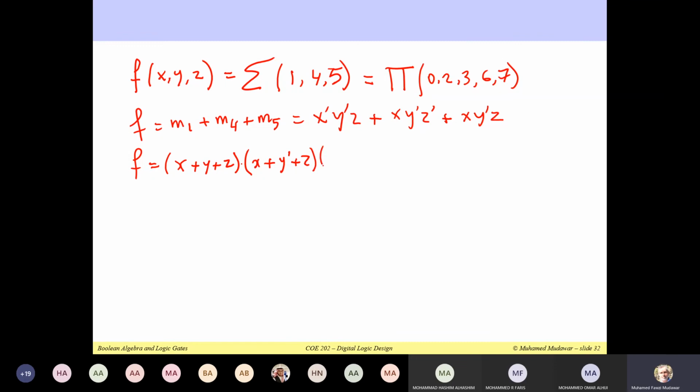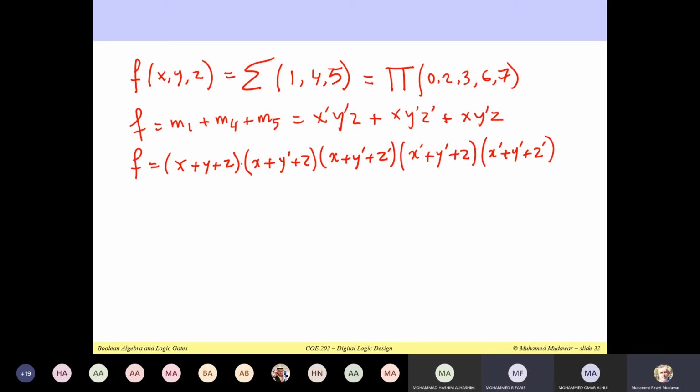Next one, max term 3: X or Y prime or Z prime. Yes. We still have 6: X prime or Y prime or Z. Nice. Last one, 7: X prime or Y prime or Z prime. Excellent.